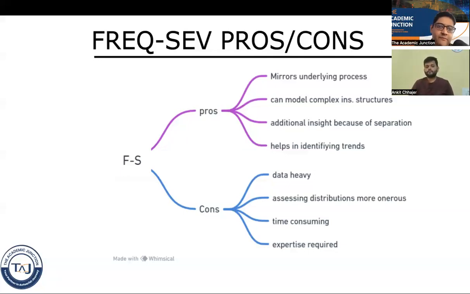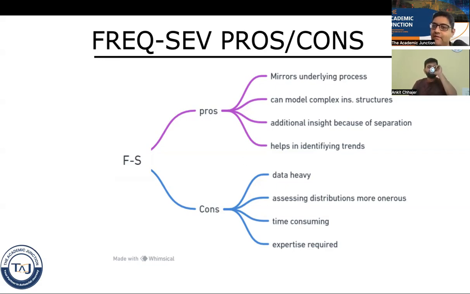So first simple point, frequency severity. The advantage of using the frequency severity model is that it mirrors the underlying process, right? Claims are split into 3 main buckets, which are frequency, severity, and claims handling expenses. Frequency and severity are the biggest components. Claims handling expenses is a very small component of claims, right?